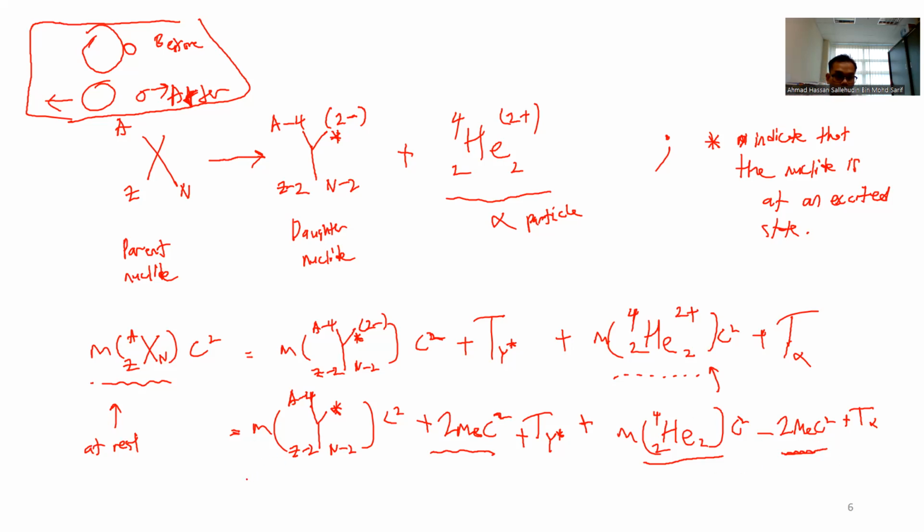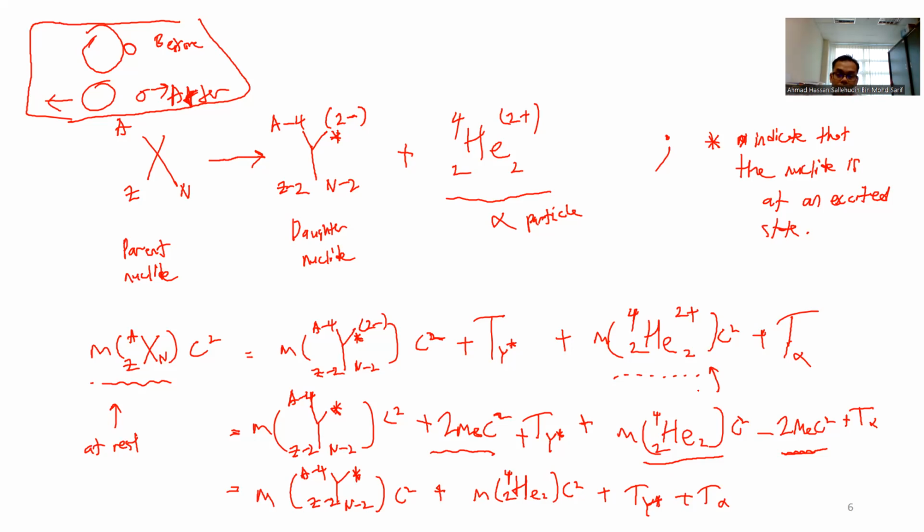So you end up with the mass of the daughter nuclide, A-4, Z-2, N-2, plus the mass of the helium atom, times c square, plus the kinetic energy of the daughter nuclide and the kinetic energy of the alpha.